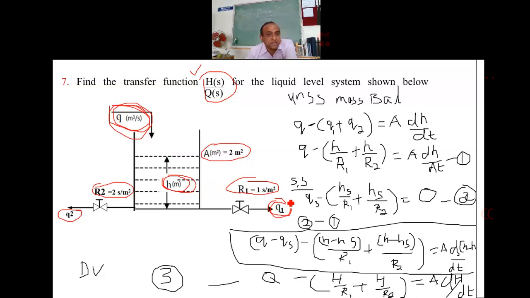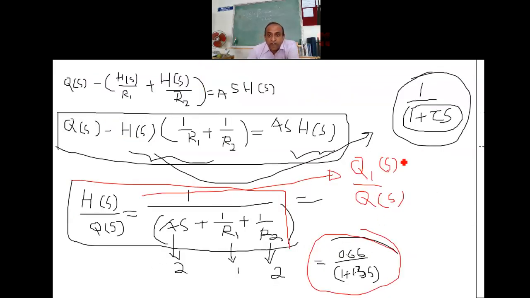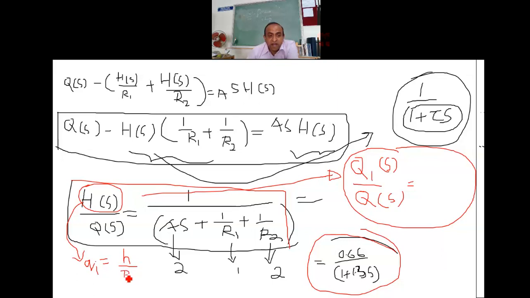That you take as an assignment. So try to find this. Same steps, please remember, same steps. Only thing is, this final result has to be written in some other form. How? Use this: Q1 equals H by R1.